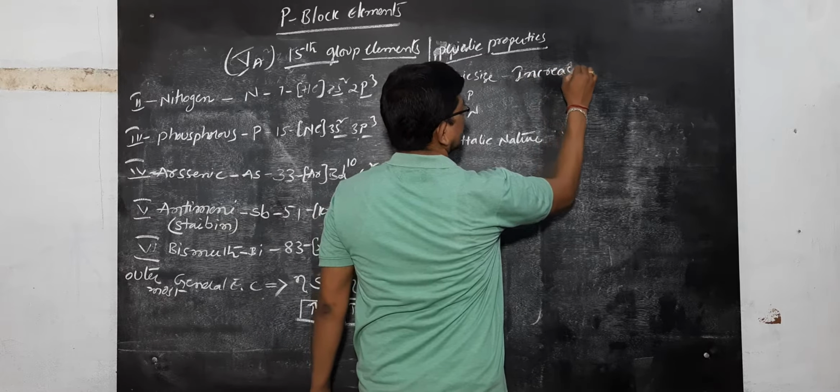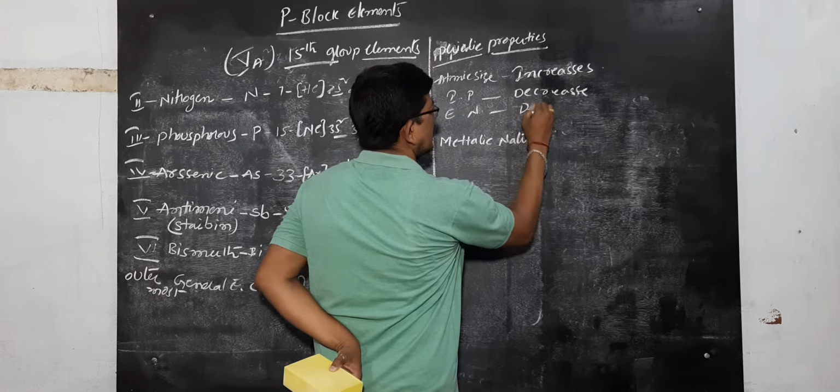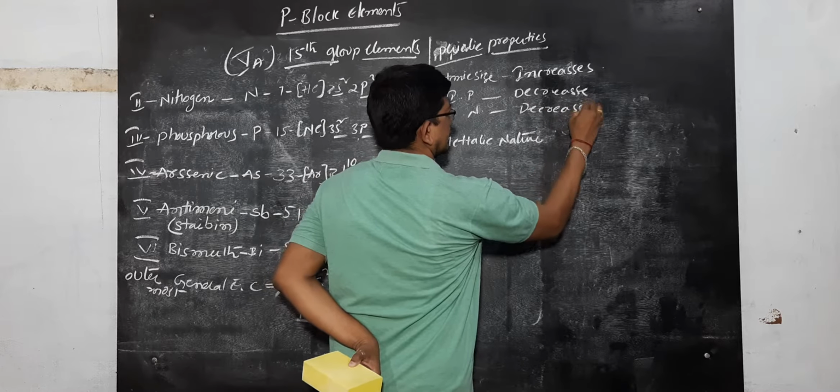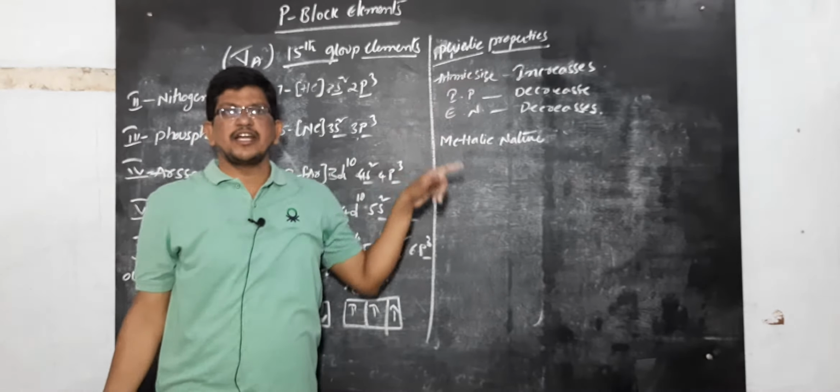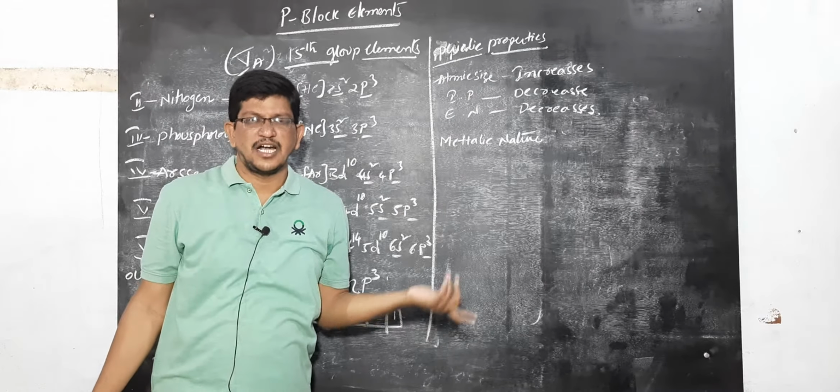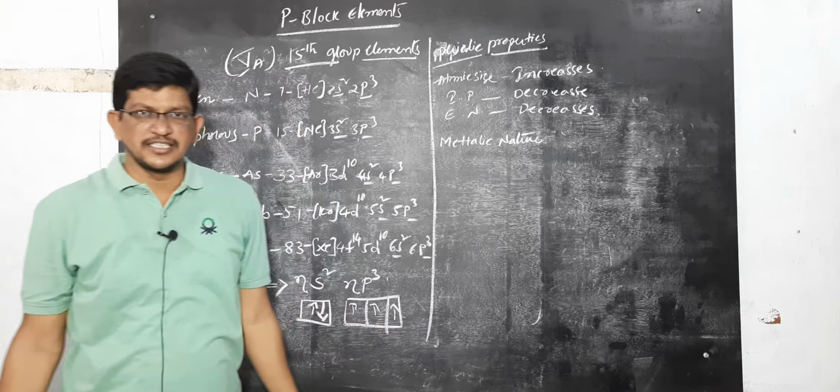That's why the number of orbits is increasing, so automatically atomic size increases. As atomic size increases, ionization potential values decrease and electronegativity values also decrease. As atomic size increases, the metallic nature increases and non-metallic nature decreases.